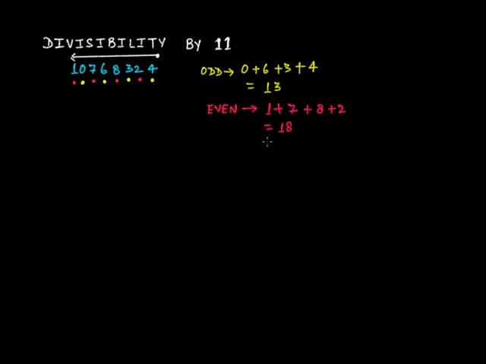So you have to subtract these two numbers. From the larger number you have to subtract the smaller number. Here the greater number is 18. So 18 minus 13 is equal to 5. Now you have two conditions.